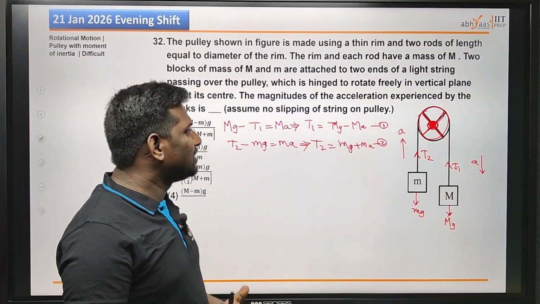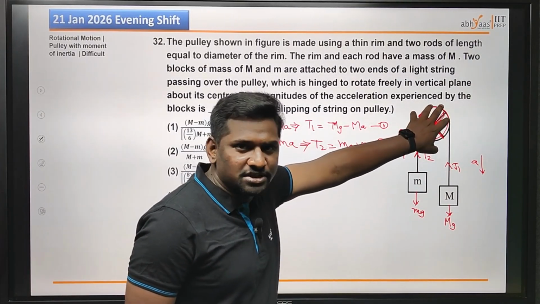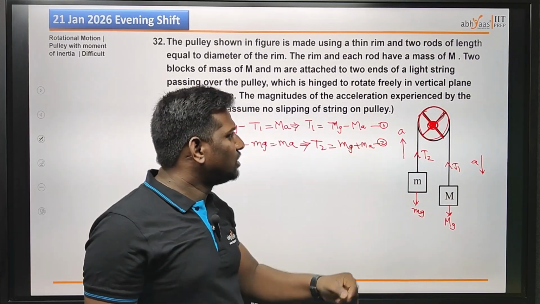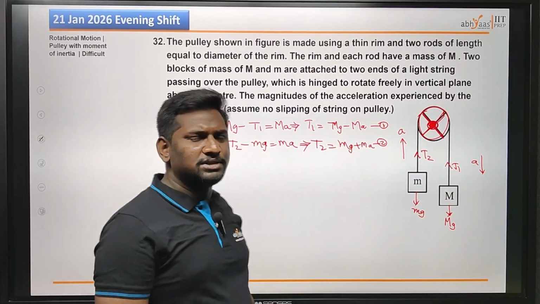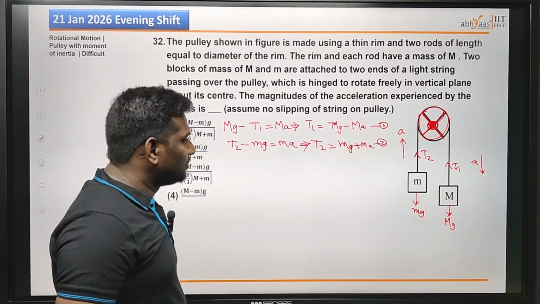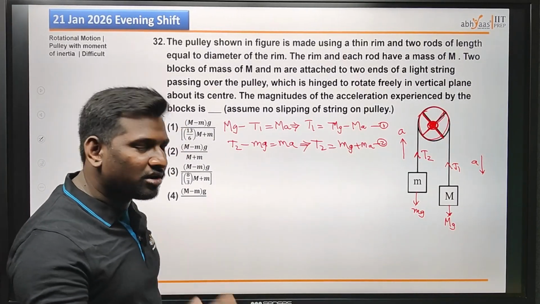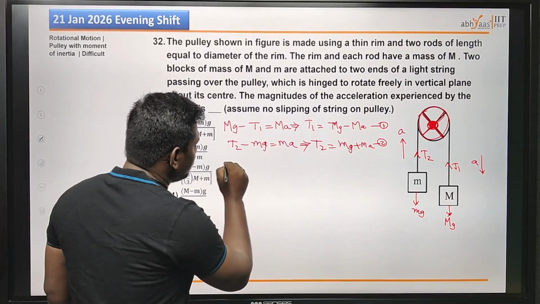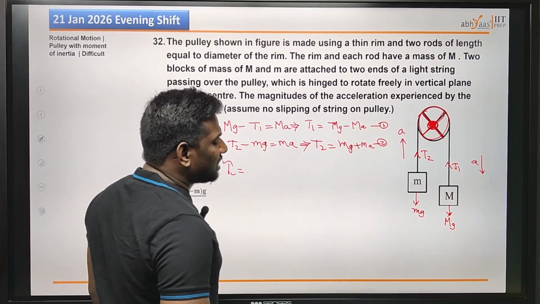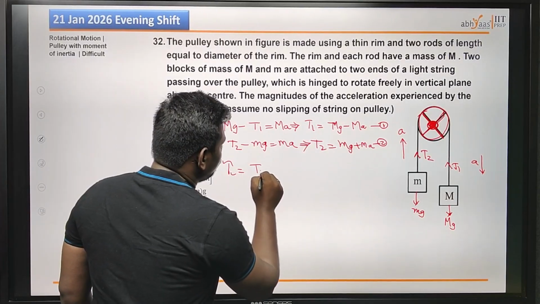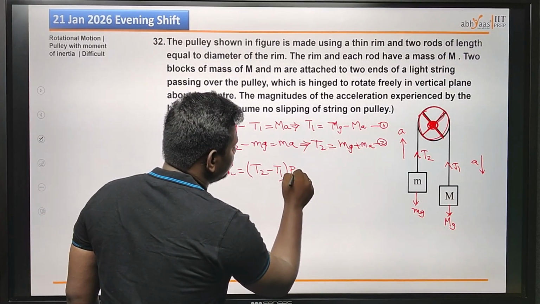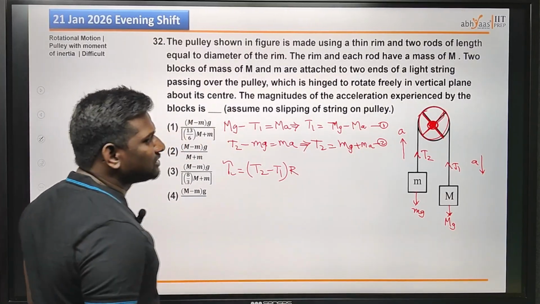So what do we have? We have one more system: a rim and rods. Two rods are there, one rim is there. A torque is acting on it. In this case, we can write torque as T2 minus T1 into R, where R is the radius of the rim.